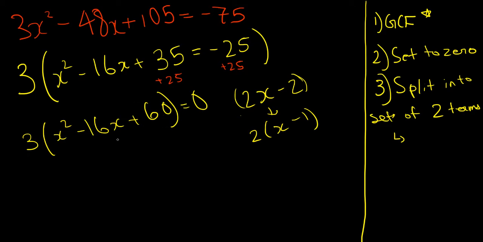We're going to split this middle term here into a number that works well with this 60 over here. So we want to split it into 2 factors that would multiply to give us 60. Okay, I hope you got me. So we want to split this middle term here into two terms that equal our 60 here.